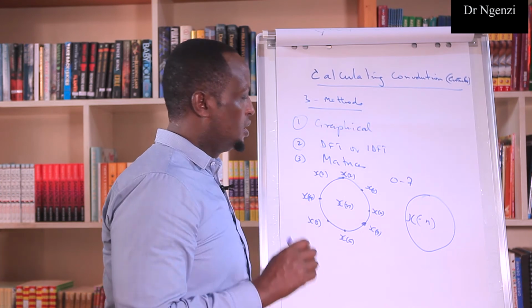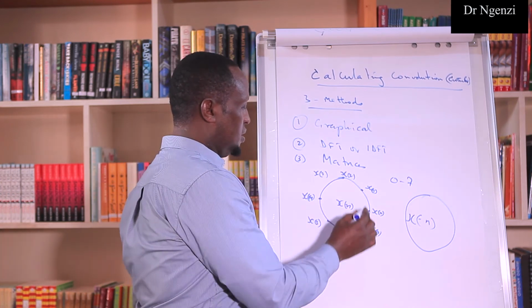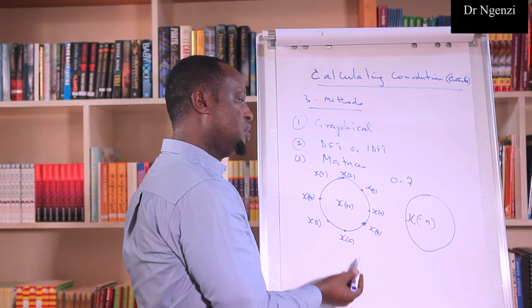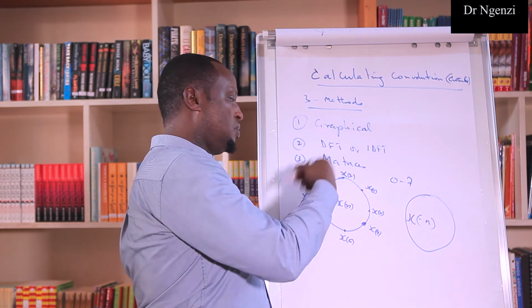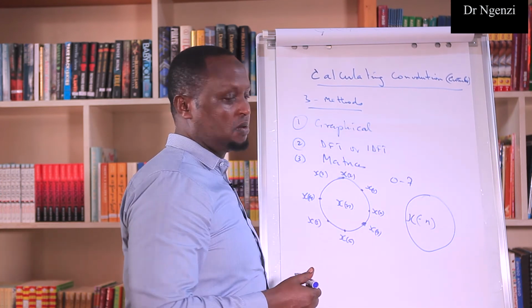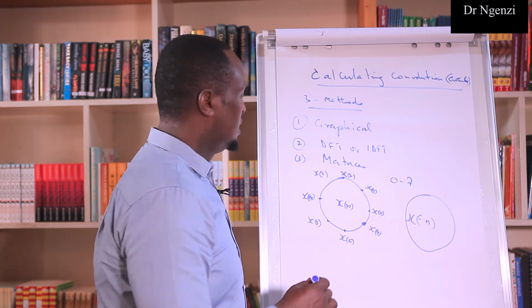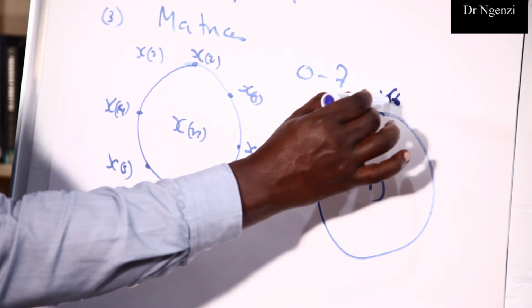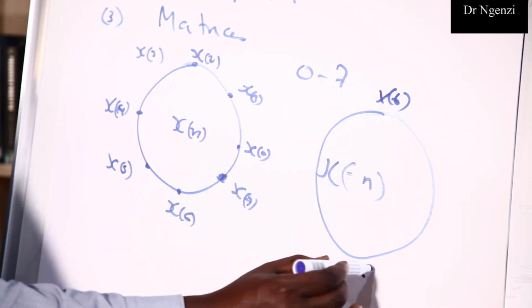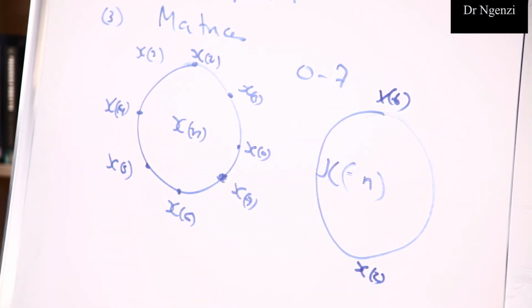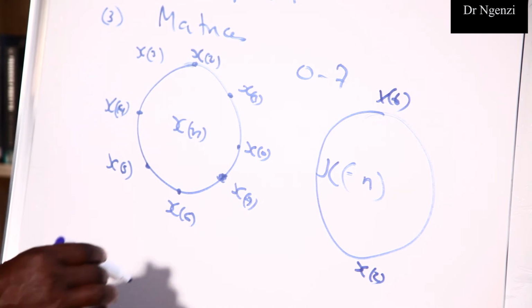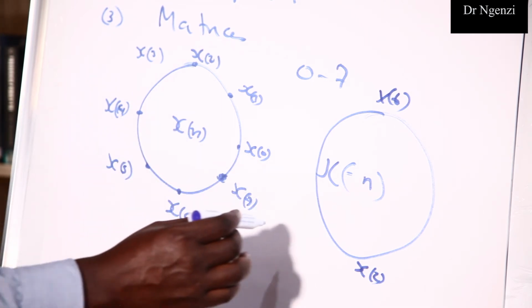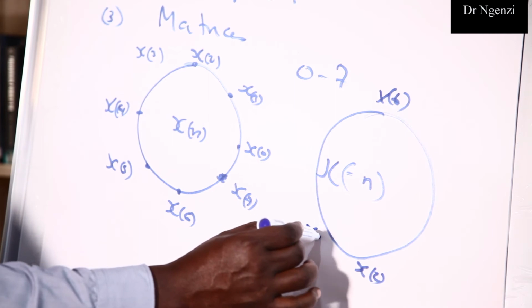Where it was x of 2, it is going to be x of 6, and here is going to be x of 2. Where it was x of 5, in this case is going to be x of 3.